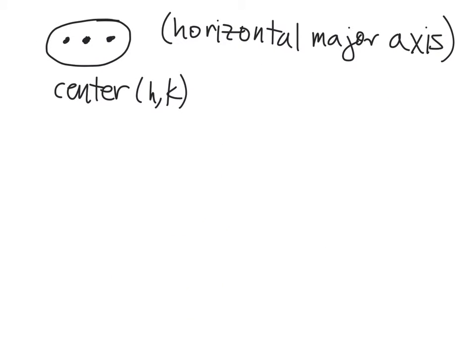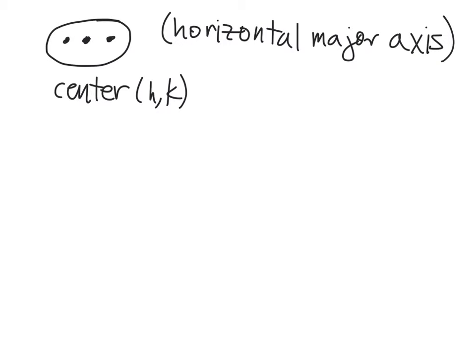Now in this illustration we're using a horizontal major axis. We will also run into vertical major axes, but whether it's horizontal or vertical, the procedure, the equation will be derived the same way.